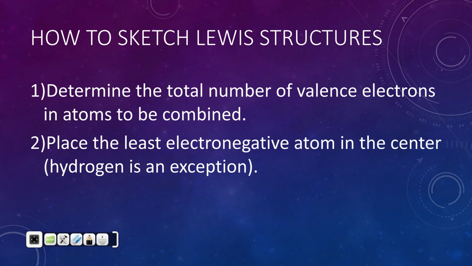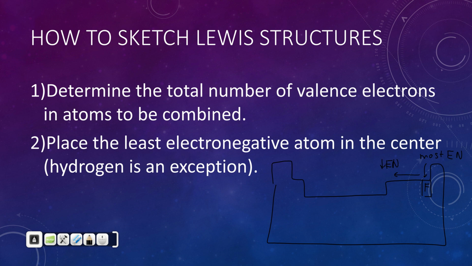What I want you to remember here, I'll draw a little periodic table with this. What I want you to remember is that fluorine is the most electronegative element. As I move away from fluorine, electronegativity will decrease.